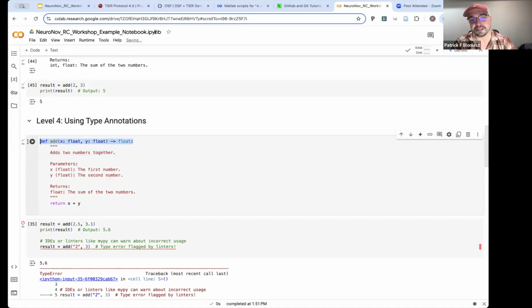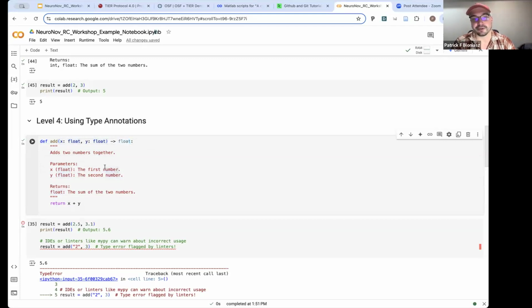But you can have annotations here where you can tell your environment what data type you're expecting. In this case, if we wanted them to be floats, you can expand your function a little bit to say x colon float, and we would expect to get out a float.